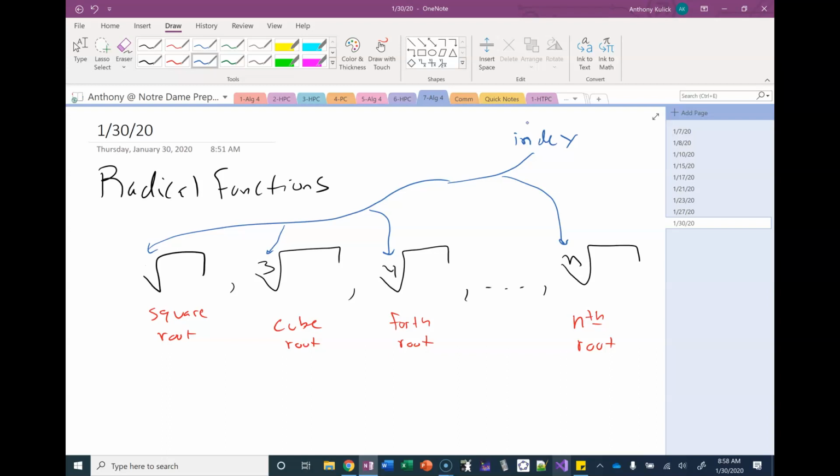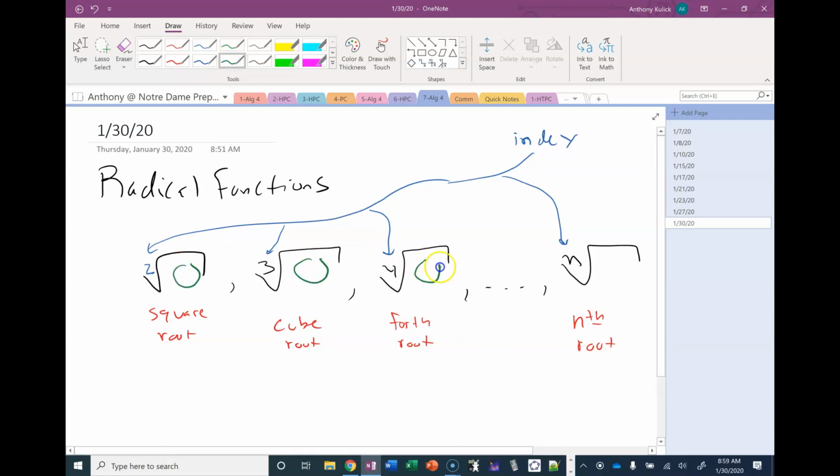What number do you suppose goes there that we don't write but we know is there? A 2. Yeah, that's correct. Because it's a square root, so a 2 goes there. Everybody feel okay with that idea? So those numbers are called the index, and it's how you can tell the difference between these different types of radicals.